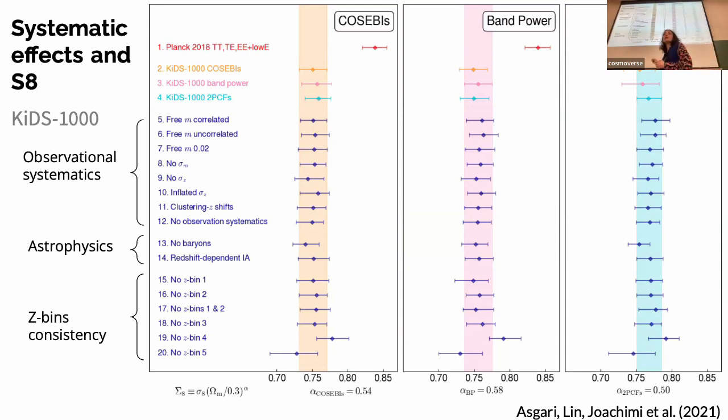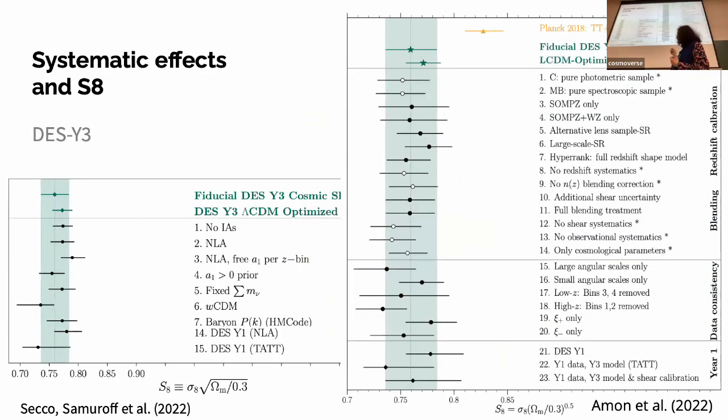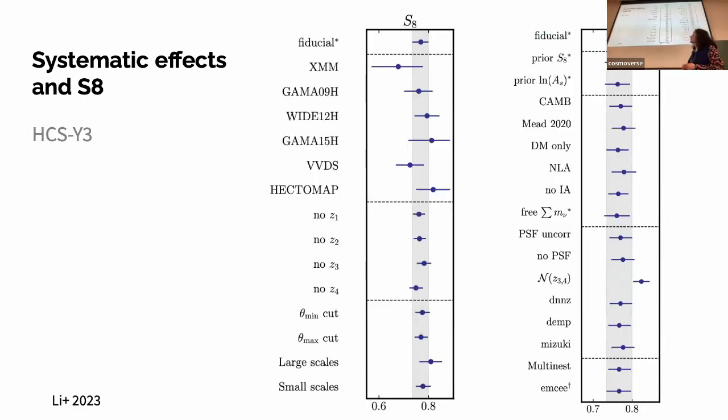And normally what you get is that the points move, but they don't move very much. And this is trying to show that the analysis is robust. So that's for KiDS-1000, then we have it for DES Year 3, and then we also have it for Hyper Suprime-Cam Year 3, which came out very recently.